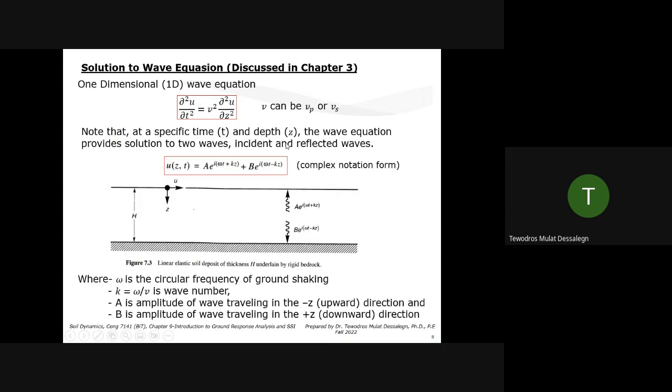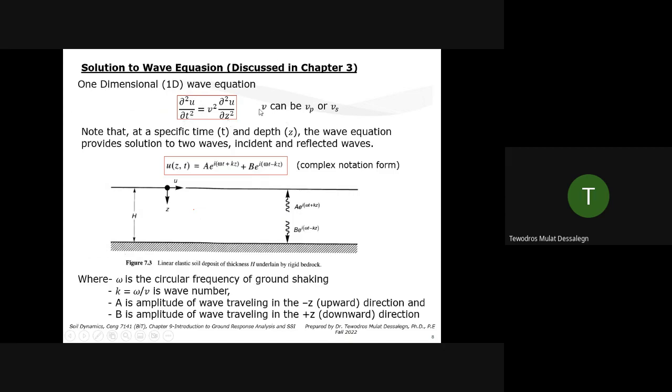Let's quickly recap what we studied in chapter 3, solution to wave equations. So the one-dimensional wave equation, you remember, in one direction, let's say this is in the Z and U. So you can have this partial differential equation. The variation of the motion or the displacement with respect to the time and the depth.